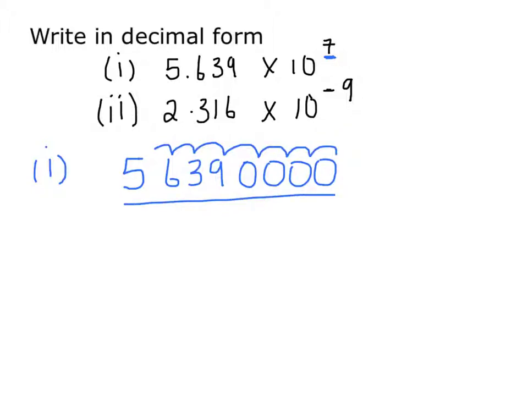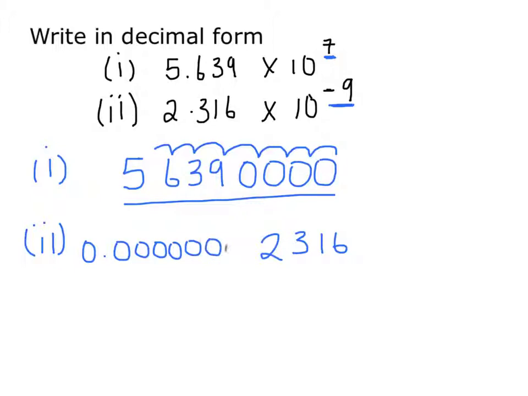Now for part 2, here you've got this number here, and you're going to be multiplying by 10 to the minus 9, which means you'll be dividing it by 10, 9 times. So if I take this number 2316 and I start dividing it by 10, 9 times, I'll end up with 0.80, 1, 2, 3, 4, 5, 6, 7, 8.